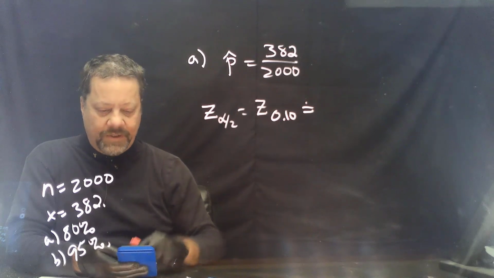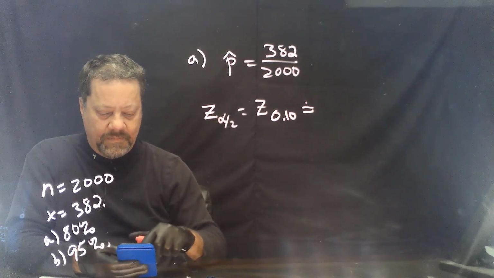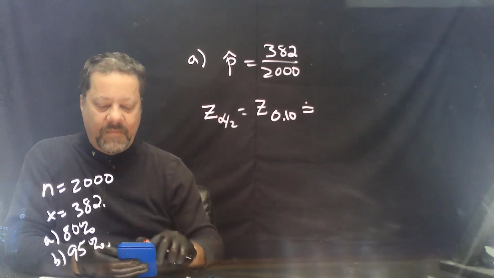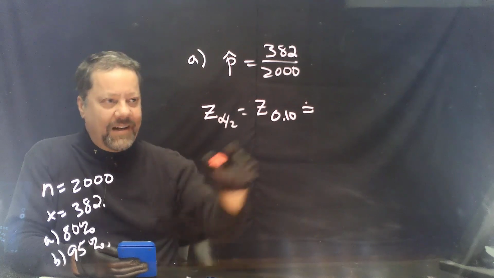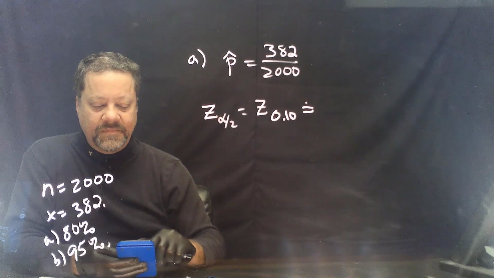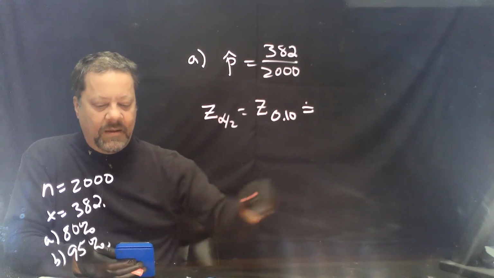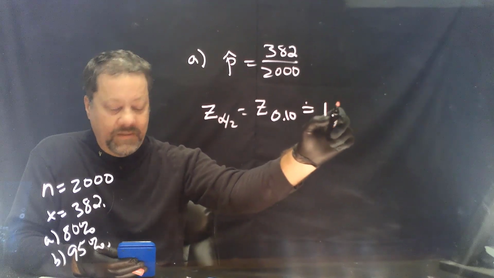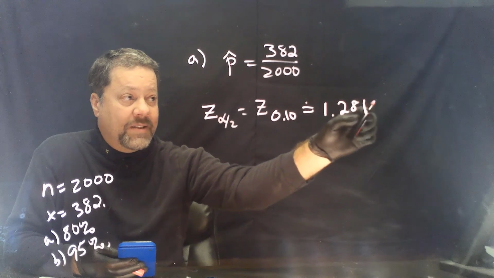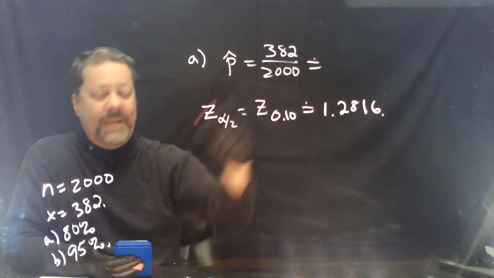We can find the critical Z using the inverse normal, where we're using 90% of the area to the left of that 10% right tail. We get 1.2816.